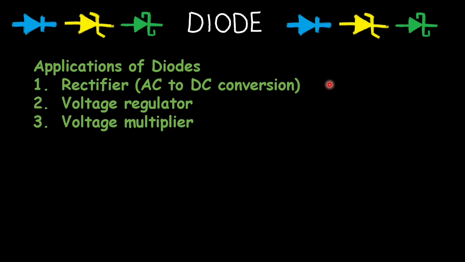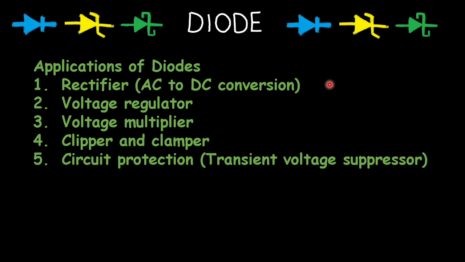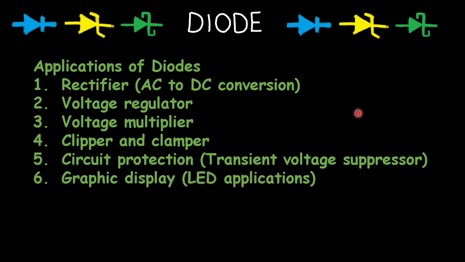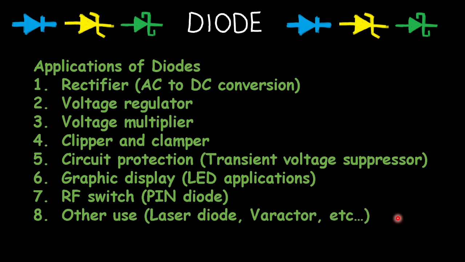Fourth is a clipper and clamper. Fifth is circuit protection, usually in the form of transient voltage suppressor. Sixth is a graphic display or light emitting diode applications. Seventh is an RF switch using a PIN diode. And other uses like laser diode and varactor, etc.